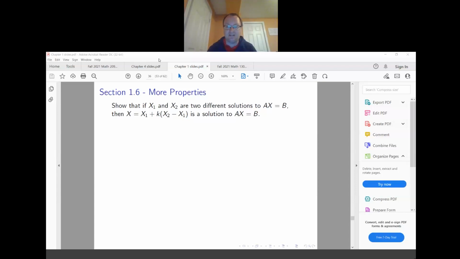This is not connected directly to the list of equivalent statements. If there are two solutions, and that's a big if, right? That's not always true. But if there are two solutions, then what are we creating here? How many solutions can we create?